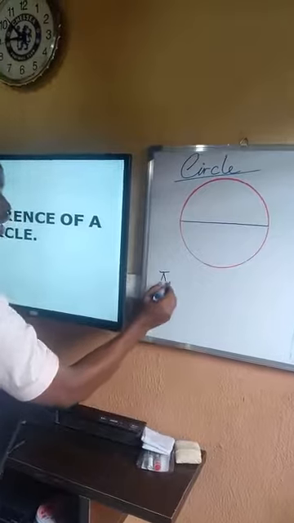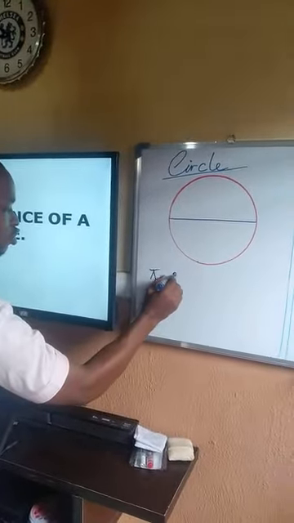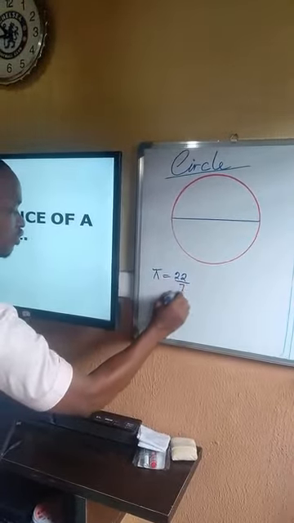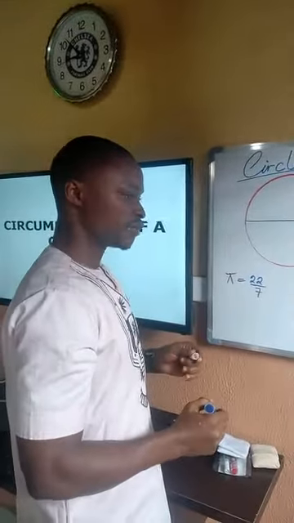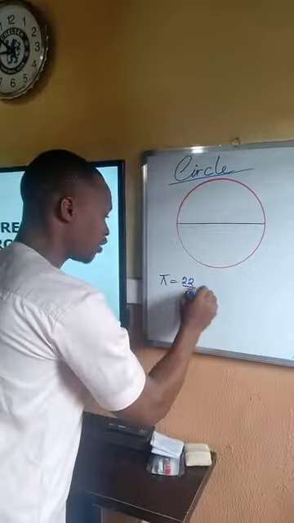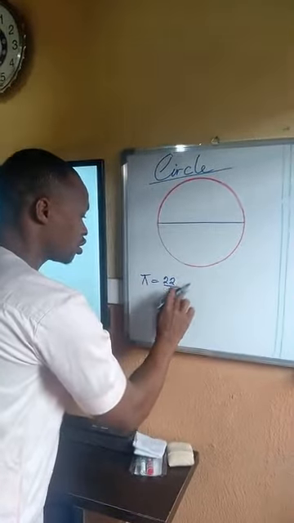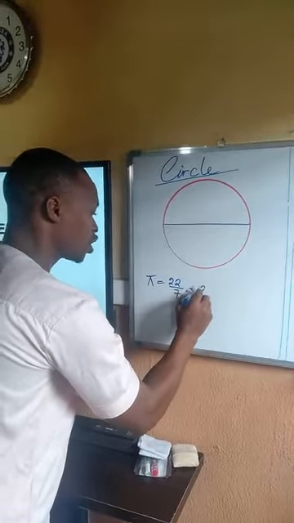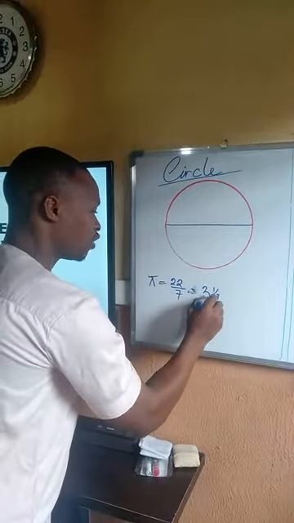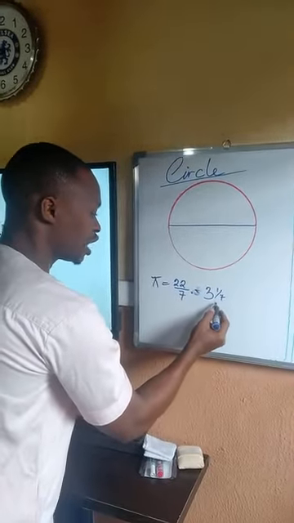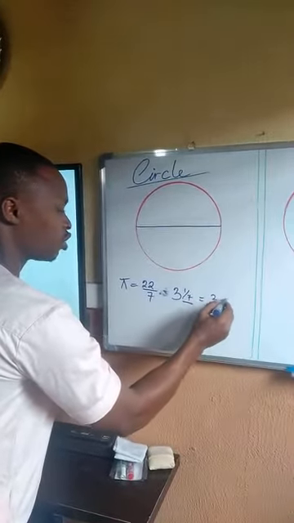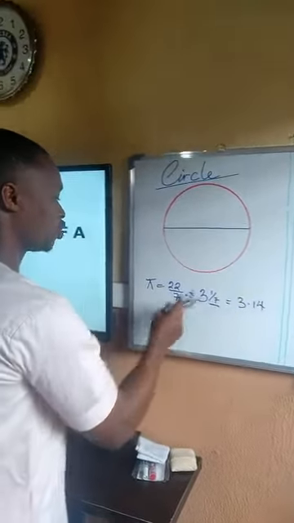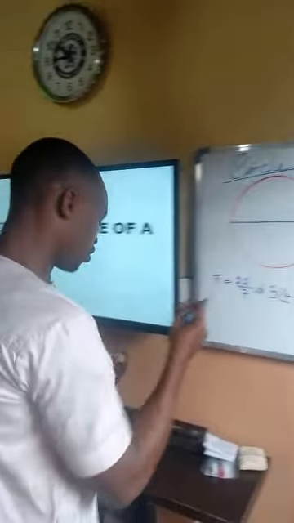This is your symbol pi, and this pi is equal to 22/7. When you change this to a mixed fraction, you have 3 whole number 1/7, and if you change this to a decimal fraction, you have 3.14. So this is the value of pi.